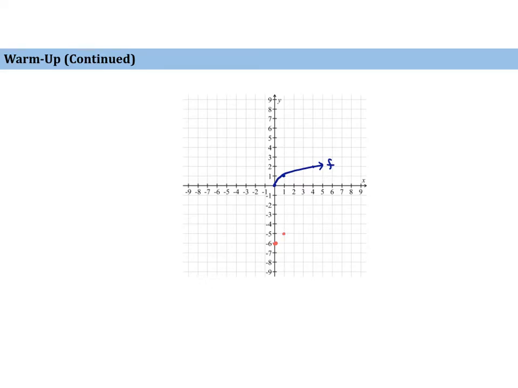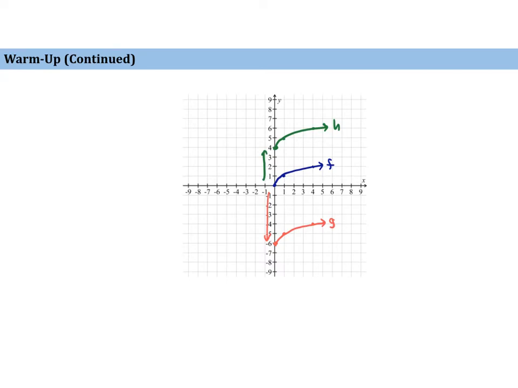And we had 4, -4. So you can see this was a movement down 6 units. And if we look at h, we have 0, 4, 1, 5, and 4, 6. So we have a movement up 4 units.